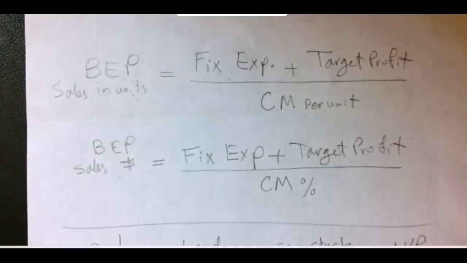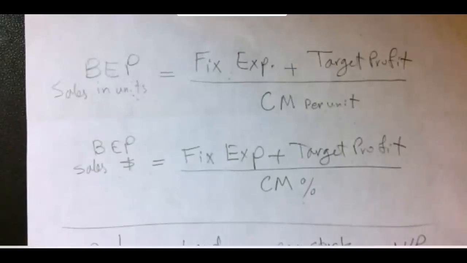You might say, okay, what is the margin of safety? Margin of safety is any dollar amount or any units above the break-even point. That's your margin of safety, in units or in dollars.